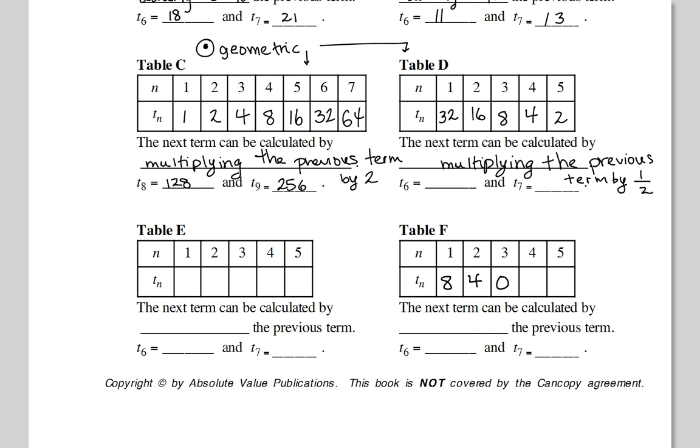We have to be adding. Good. You're adding -4 to the previous term. So let's finish off the chart. It'll be -4 and then -8. T6 would be negative, and T7 would be negative. Good. Okay. Remember, we're not subtracting and dividing. We're only adding and multiplying.